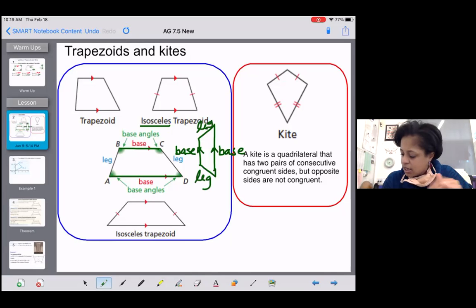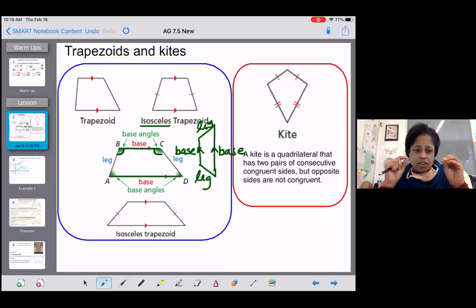So you can see the top base angles, they're together. They're on that same base. And then the bottom base angles, they're also together. They're on a different base, okay? All right, and again, when we talk about base angles, we're usually talking about the isosceles trapezoid. You'll see when we start talking about the properties, because that's where it really comes into play.